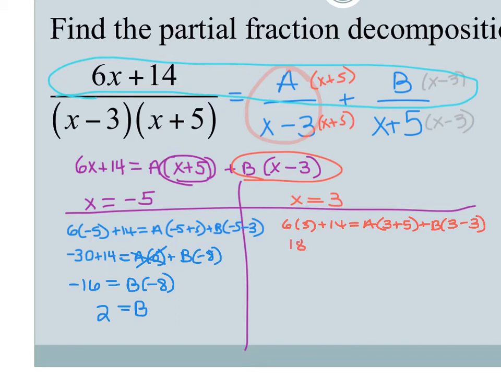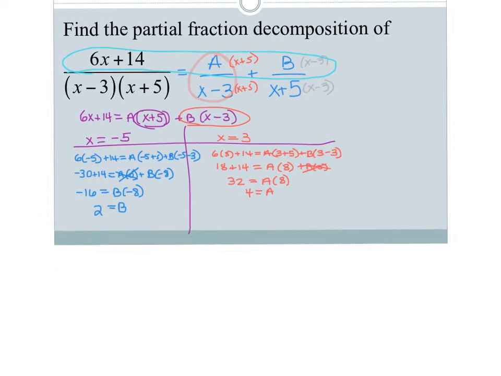I get 18 plus 14 equals a times 8 plus b times 0, which cancels it out. This is 32 equals a times 8, and a equals 4. With me so far?